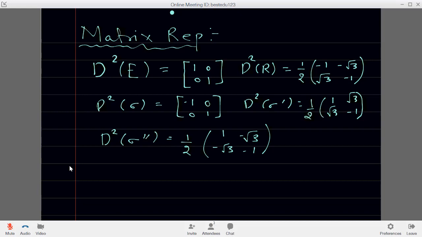Now you can easily check that if you make the matrix representation of all the group elements in this way, then all the properties that I wrote earlier hold.